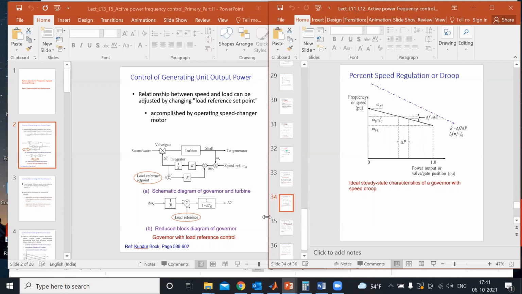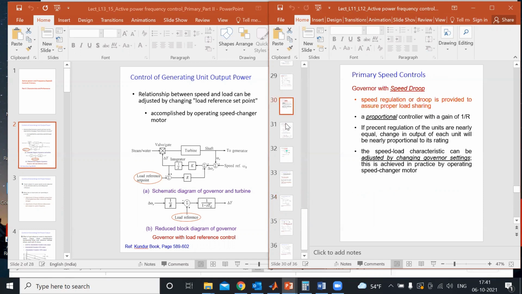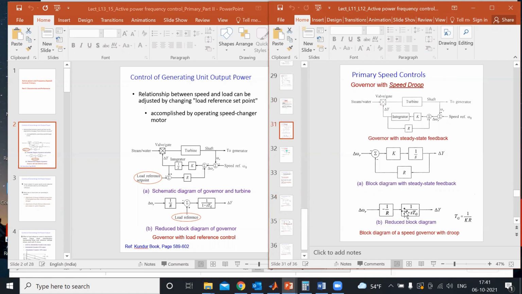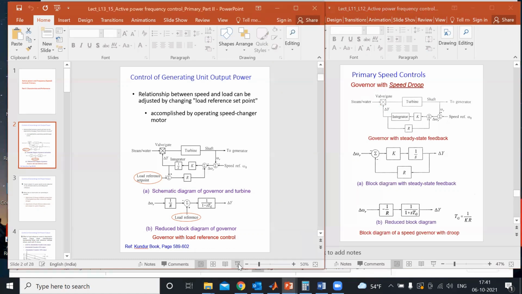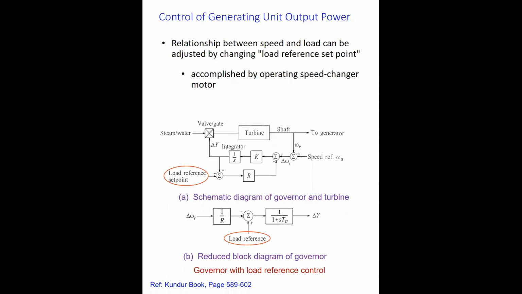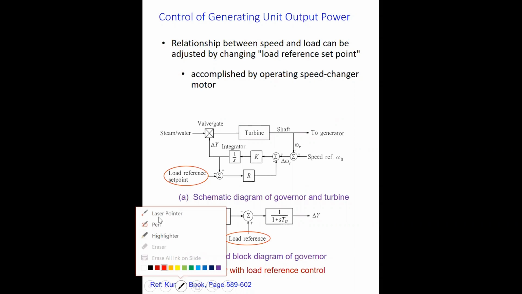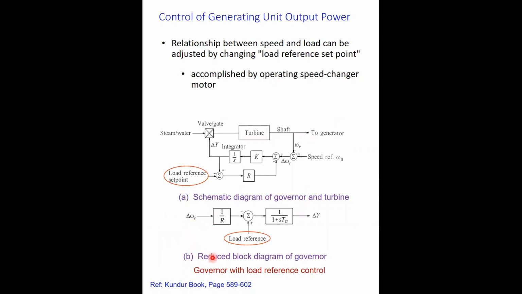So this is the same block diagram that we had here. Thus this was the complete block diagram representation in the reduced form for the governor with the load reference control applied here.